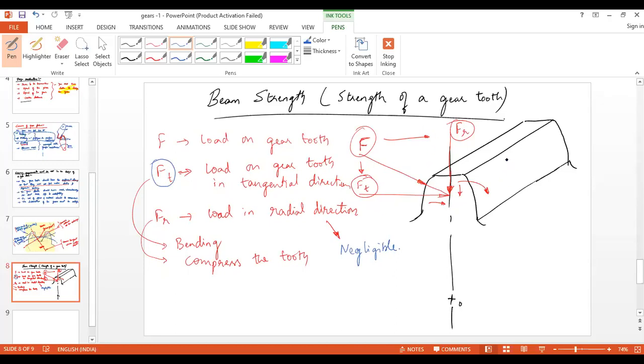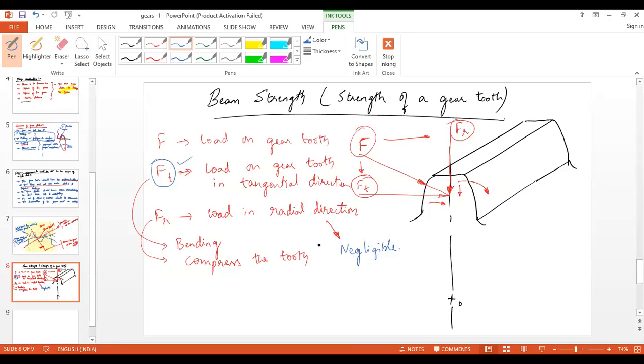Is it clear? Any doubt? So now this is the main thing. Ft is the tangential load that will create the deformation of the gear tooth.